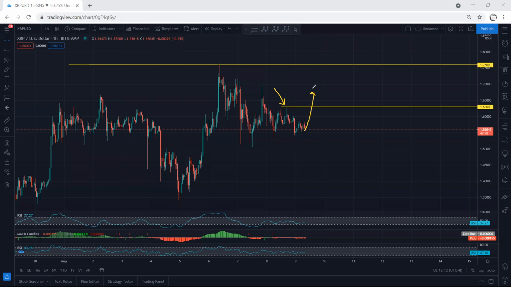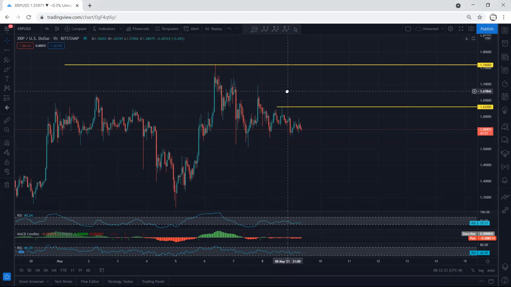Okay, and the best thing is at least the price retests 1.53, then having entry above, we will put our entry above this. Because at least we want to see the price break or tag 1.53, then having entry above this top, which is 1.63, can be an option.